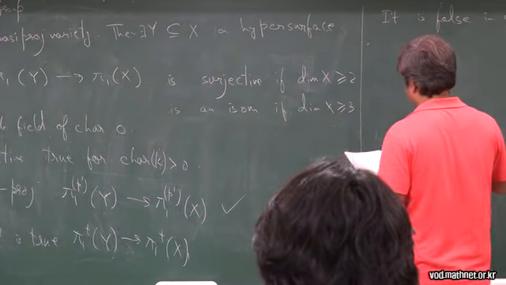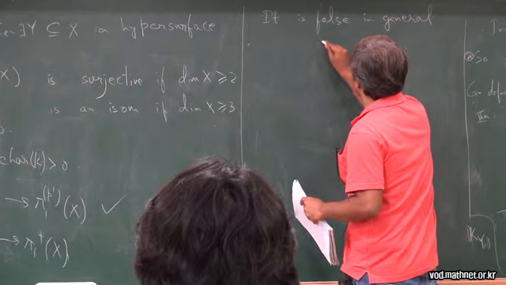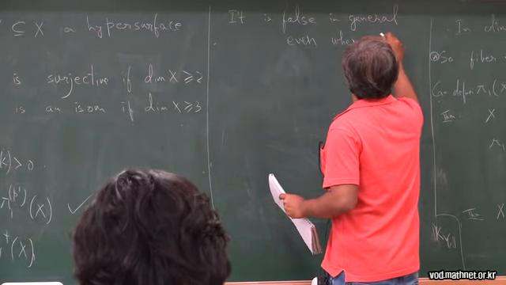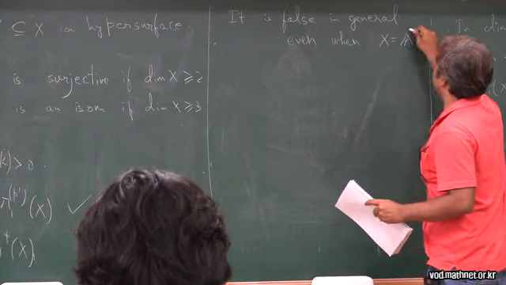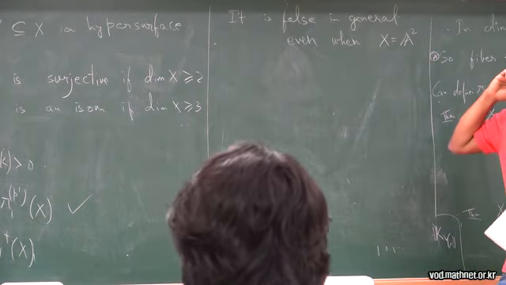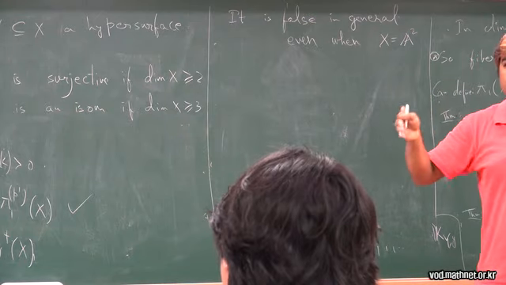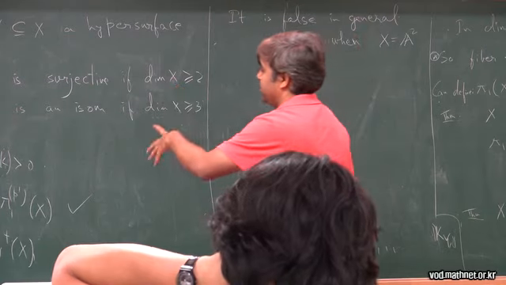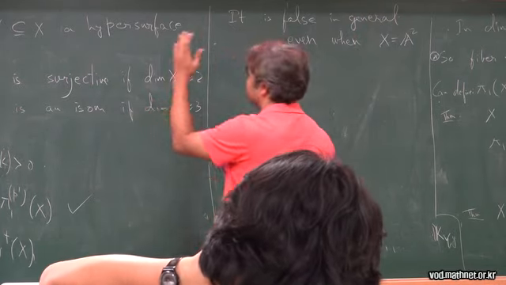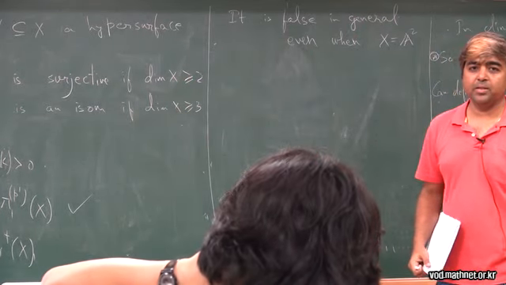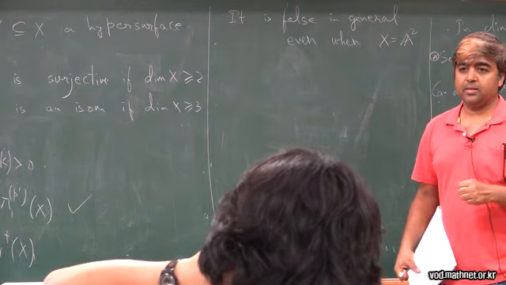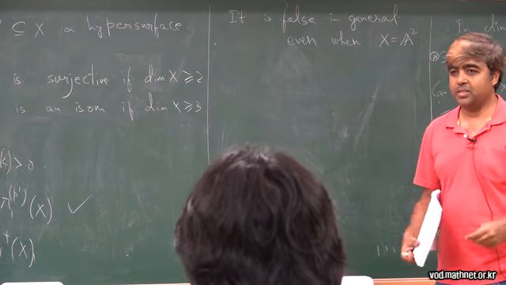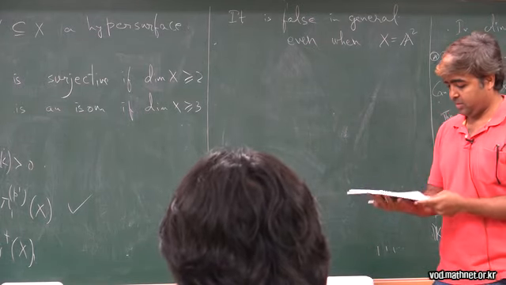It is false even when something like X equals A2. If there is room for ramification, then it will fail. No matter which curve Y you take, you can always find a cover of A2 which, when you pull back to Y, will be disconnected. You start with a connected cover and pull back to Y, it becomes disconnected. So that won't work out.